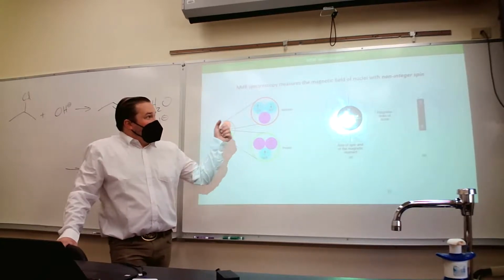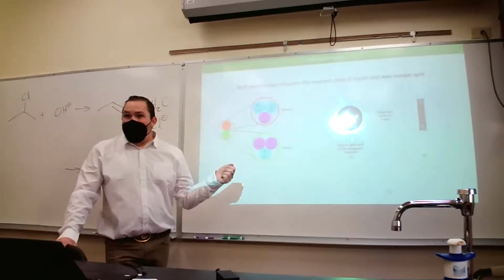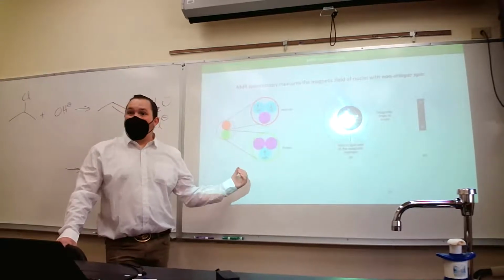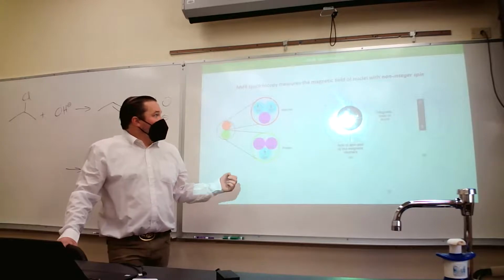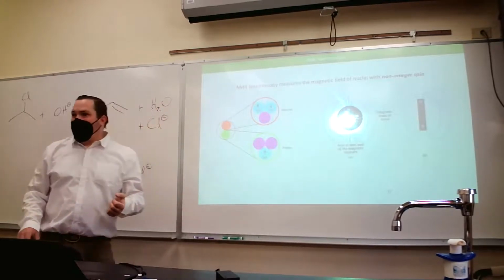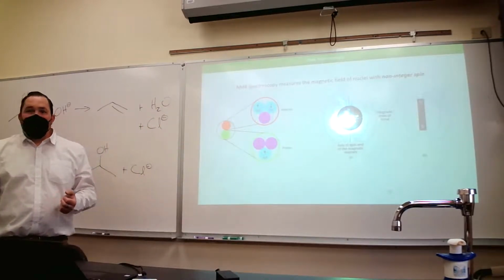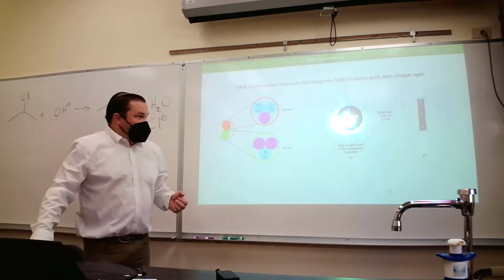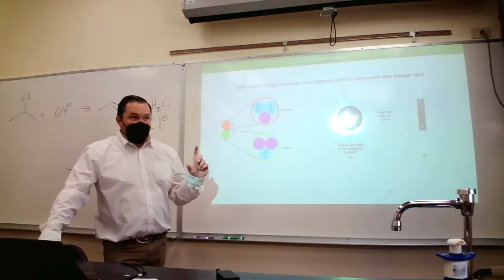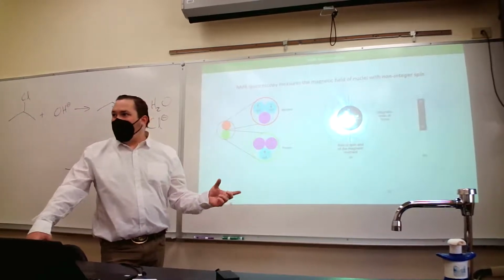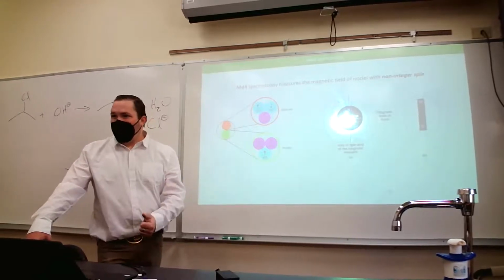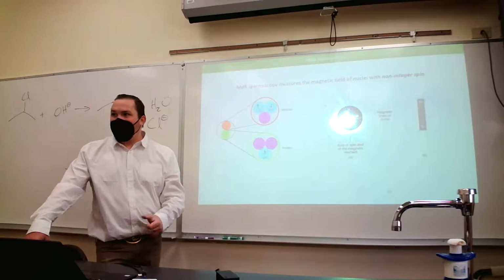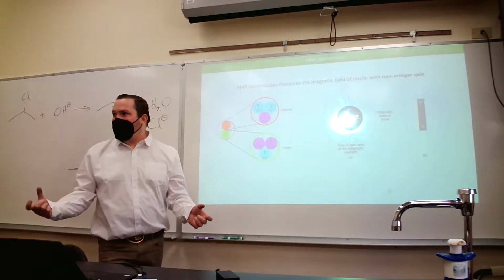So if you have non-integer spin, what that means is an odd number of protons plus neutrons, an odd mass number, then that nucleus has a magnetic field. And just like a magnet, we can apply a magnetic field and basically get all of the nuclei to line up the same way, just like iron filings line up when you put a magnet next to them.